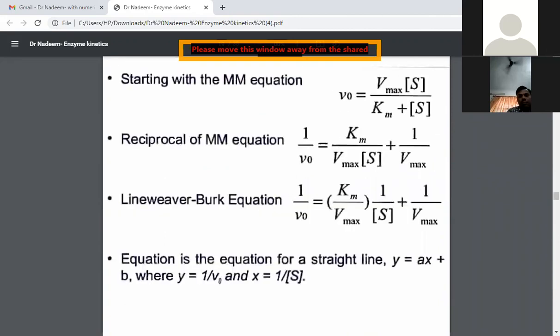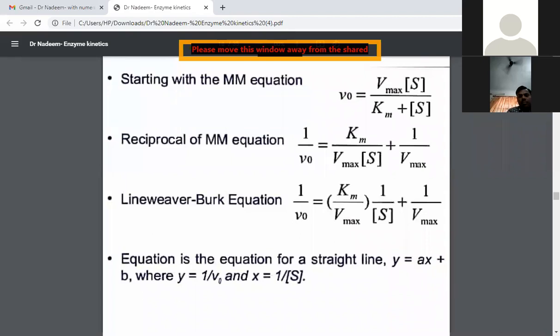The main equation of this Lineweaver plot is obtained by taking the reciprocal of the Michaelis-Menten equation: 1 by V0 is equal to Km upon Vmax into S plus 1 by Vmax. When we simplify it, it becomes the final Lineweaver-Burk equation.